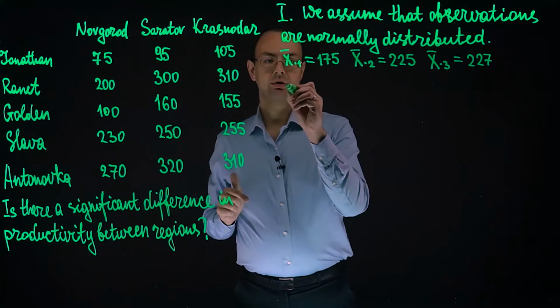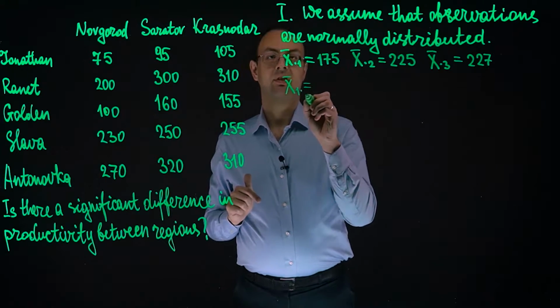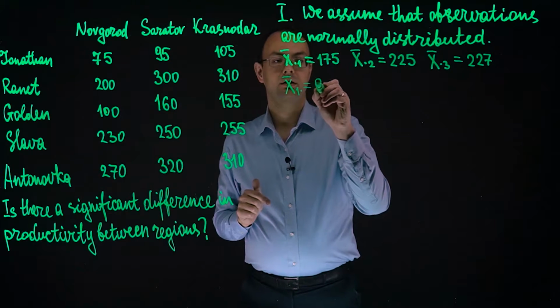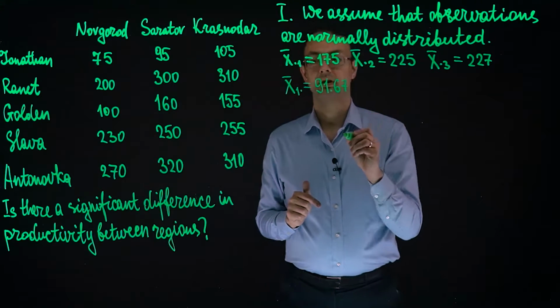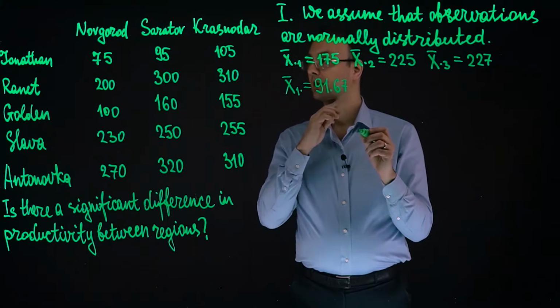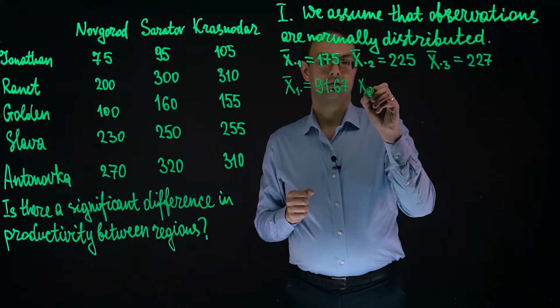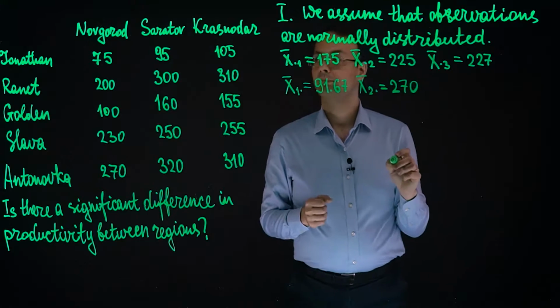Mean for the first row is 91.67. Mean for the second row is 270.